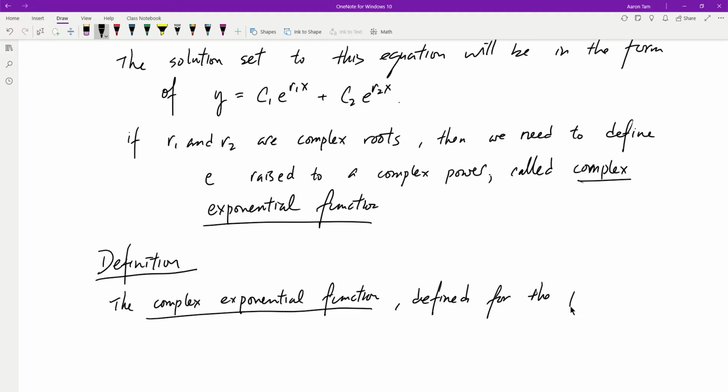Meaning no real part, just the imaginary part. And then of course we'll put them together to form the complex exponential function.